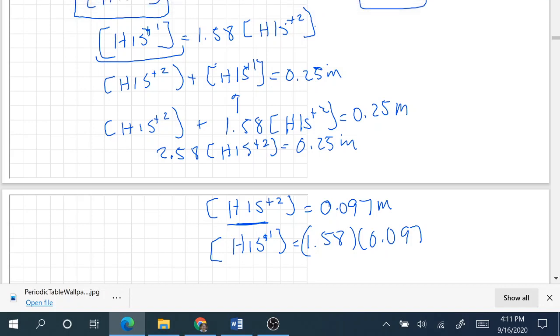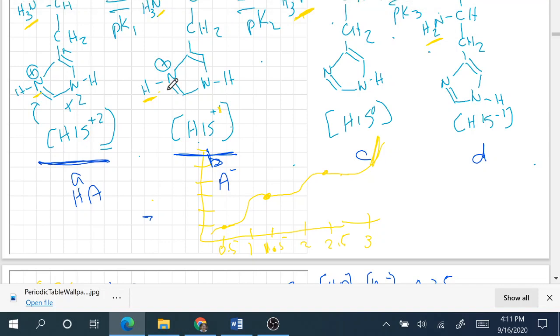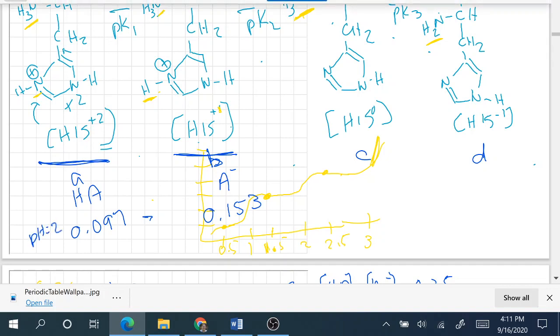Okay. And so that is going to be equal to 0.153. Okay. So then we can say that at this lower pH, our His plus 2 is 0.097 molar, and our His plus 1 is 0.153. And so let's say this is pH equals 2.